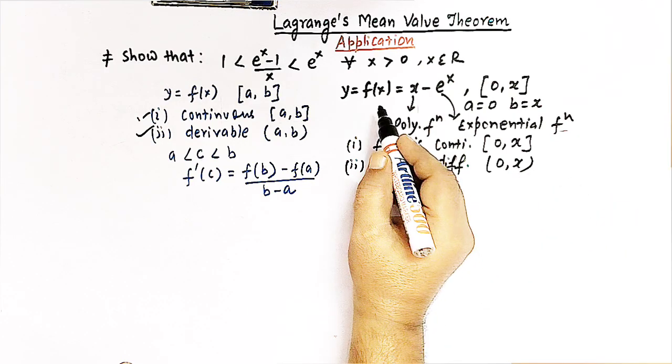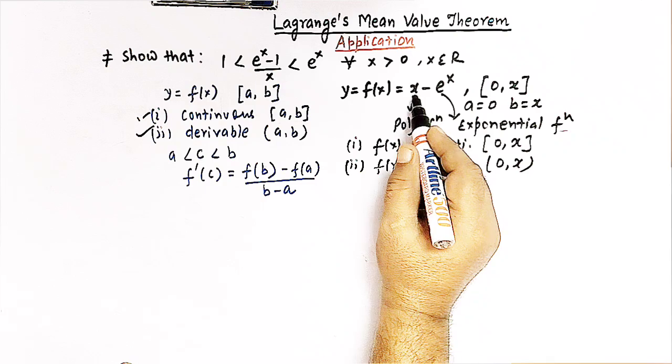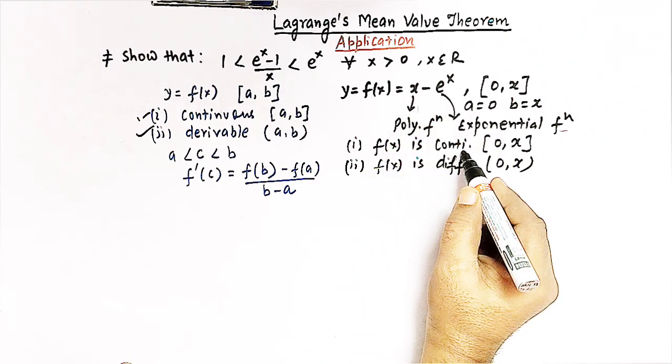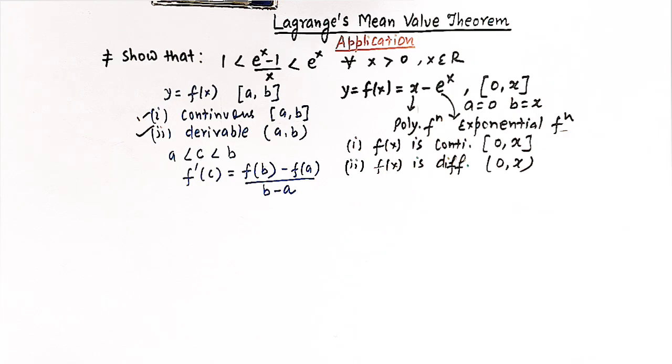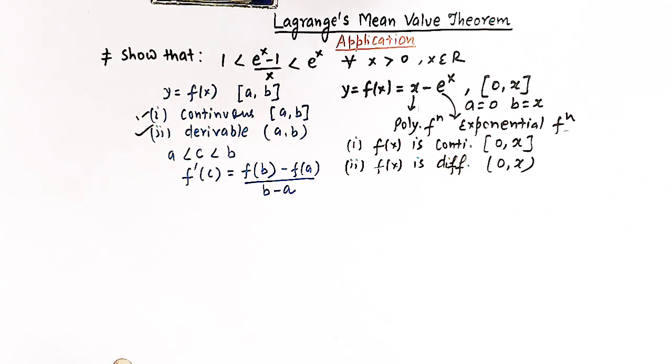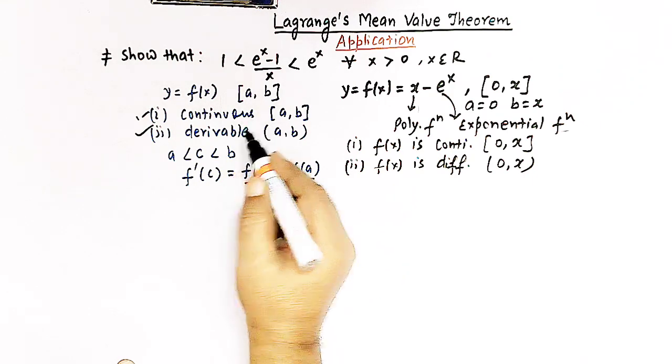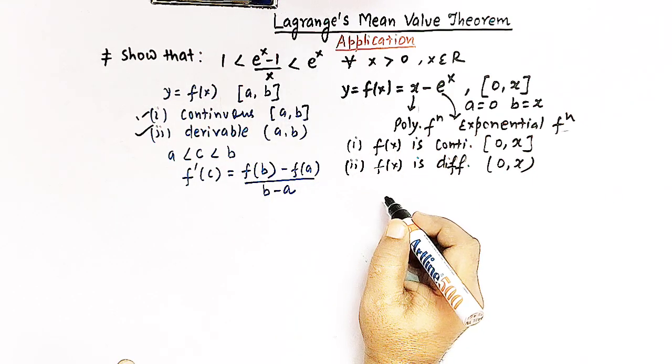So our function f of x is equal to x minus e raised to x is continuous and differentiable. So f of x satisfies these two conditions of Lagrange's theorem.